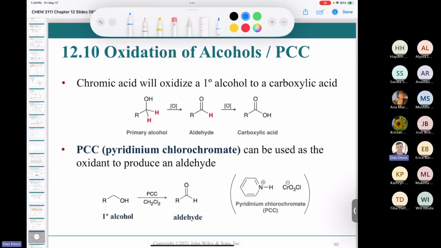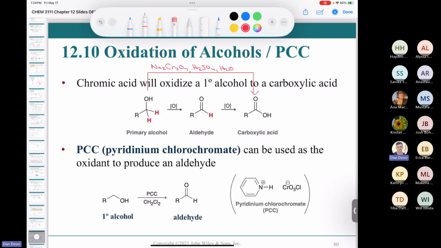Now, like I told you, chromic acid is really, really powerful. It is very strong. So if you take a primary alcohol and treat it with chromic acid, it's going to go all the way to the carboxylic acid. So let me just write down one of the sets of conditions: sodium dichromate, sulfuric acid, and water.